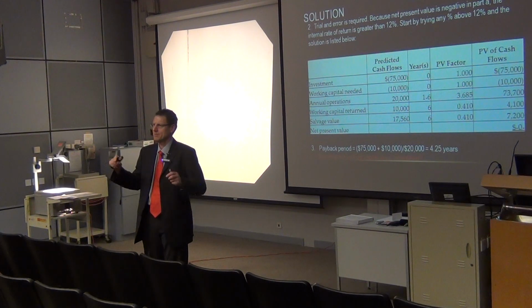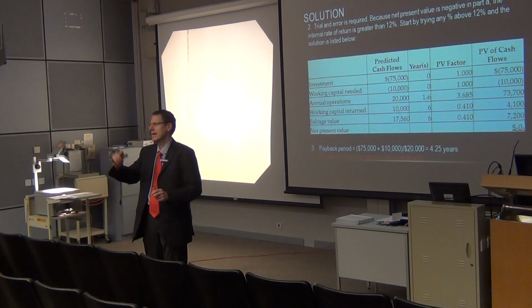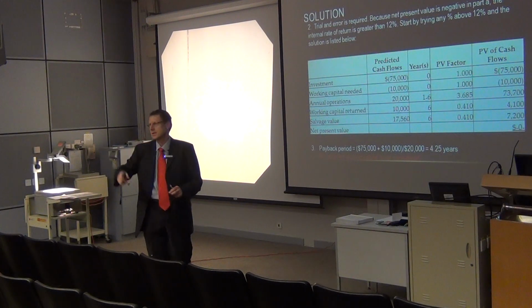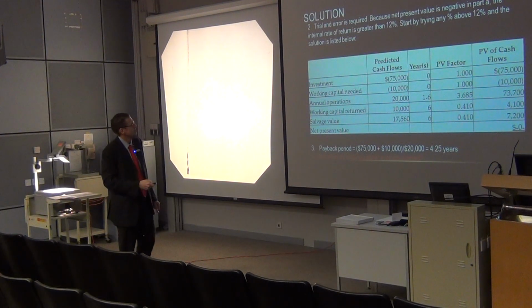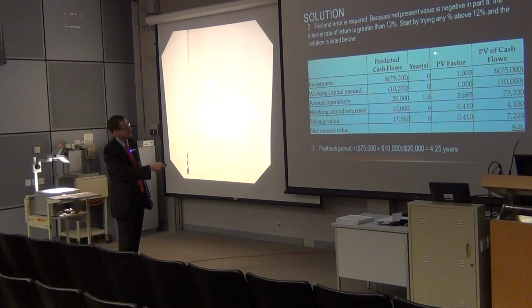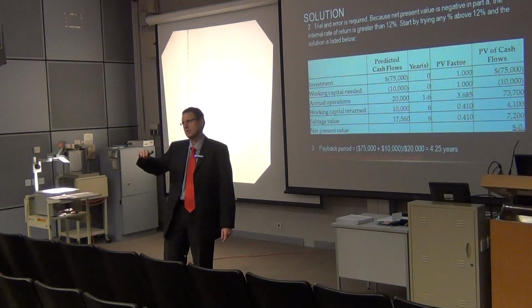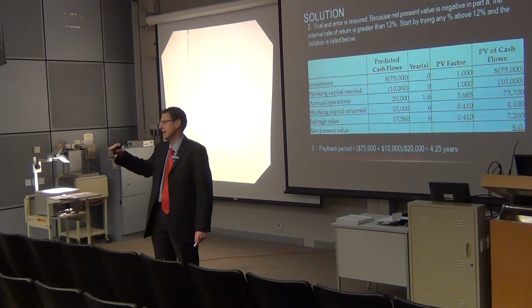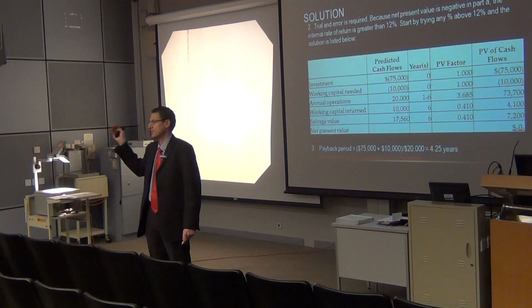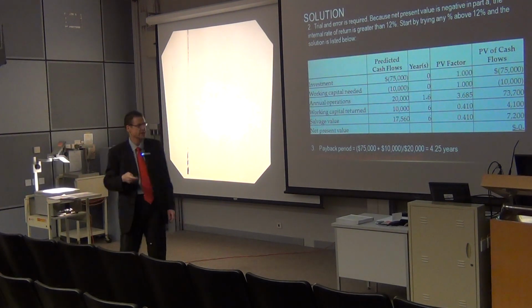We work out the net present value at 12%, it's above 0, so let's try 16%, which makes it below 0, and then we went in between until we found it. Okay? So you can start just above, just below, and see what happens. Of course, you've got to go above. Why? Because at 12%, the net present value is positive, so the IRR must be higher than 12%. I think you got that idea.